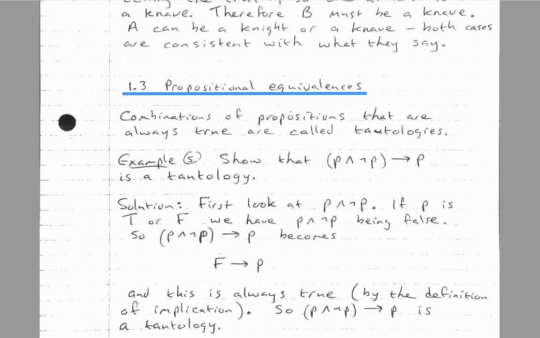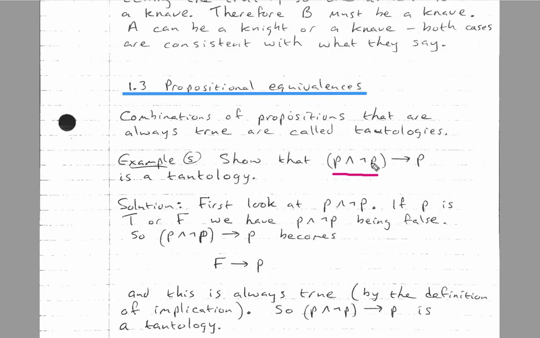Okay, so why is this always true? Well, if you look at this first part, P and not P. Whatever P is, these two have different truth values.